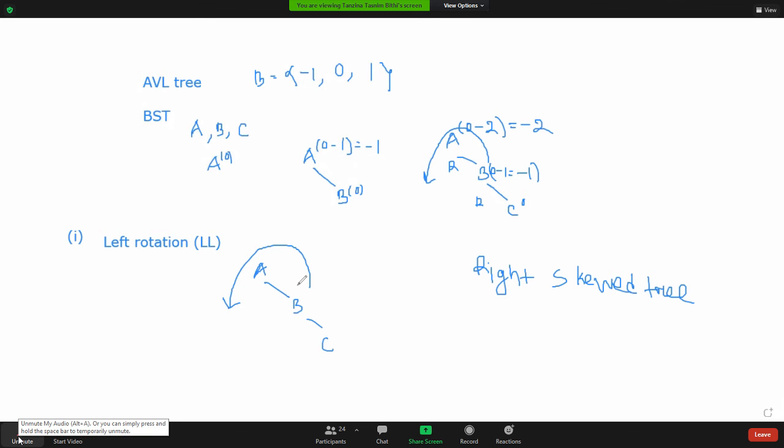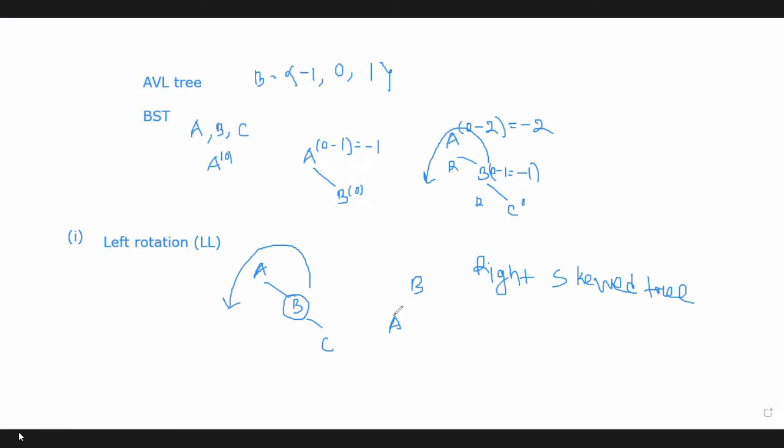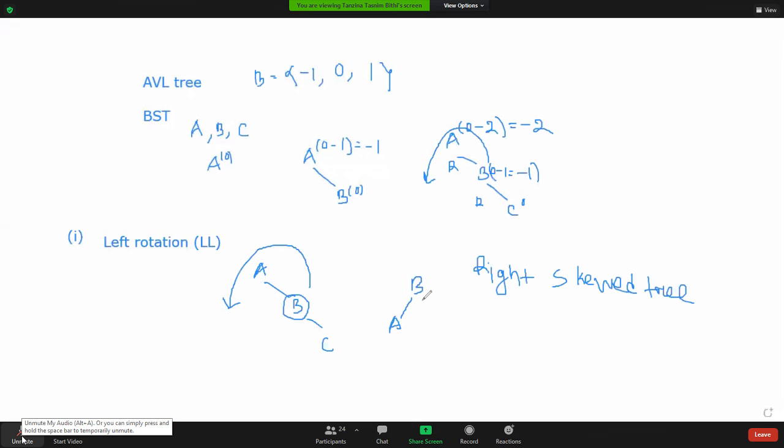Obviously the immediate one. Take a node from this side to the left side. After taking A from this level, the middle node will be chosen as the root node. So here B is the root node. Now we can add A as the left child of that root node, and C is the right child of B. We don't need to change it.